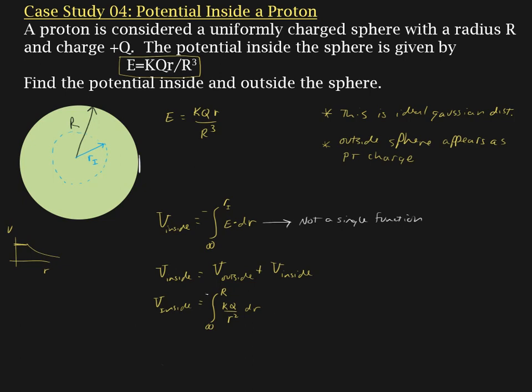And that's a negative. And then we have minus the integral from R to r inside, and the field model we have there is kQ little r over capital R cubed dr. And this capital R, remember, is a constant.